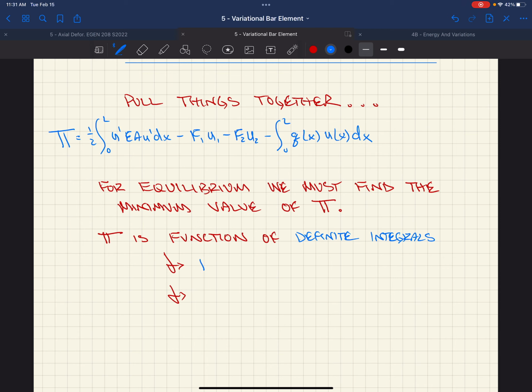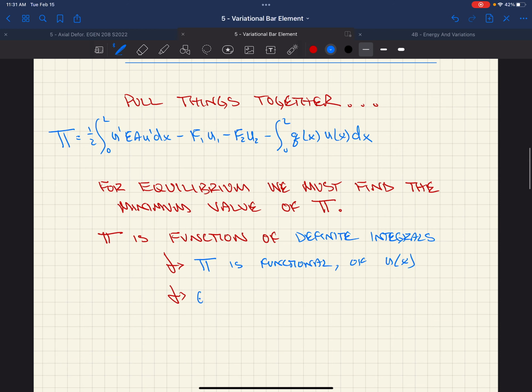Variational calculus is our method of minimizing functionals, which are functions of integrals. So pi is a functional of U sub x, a function of the derivative of U sub x.